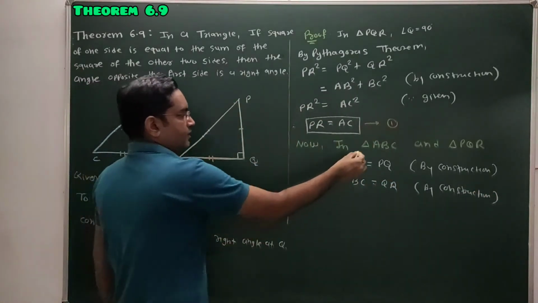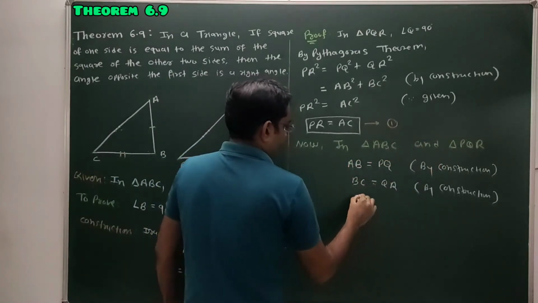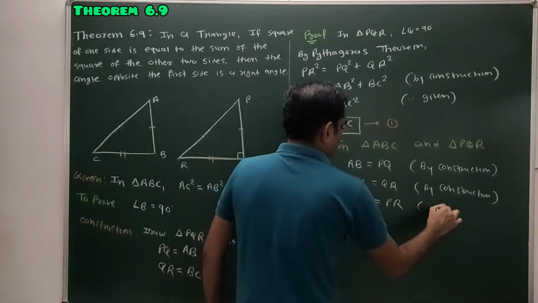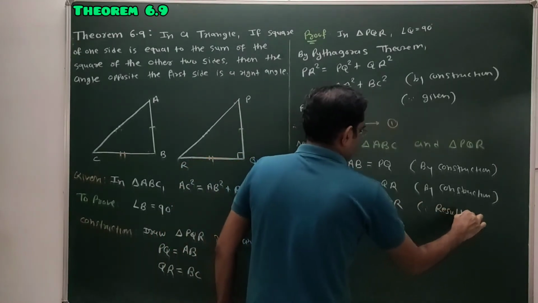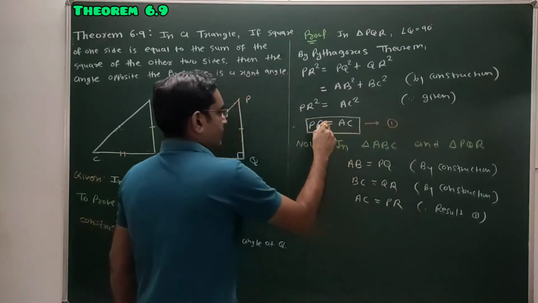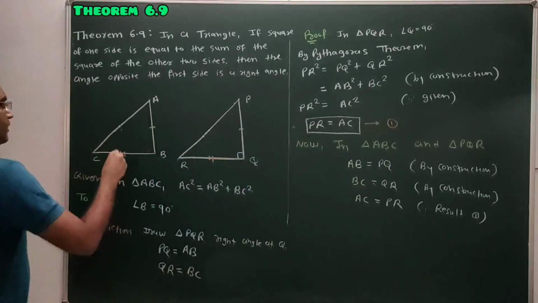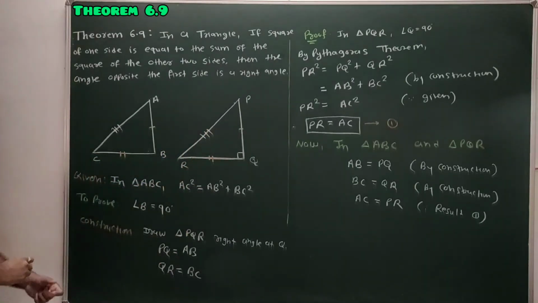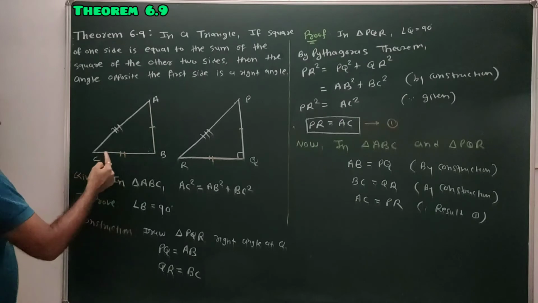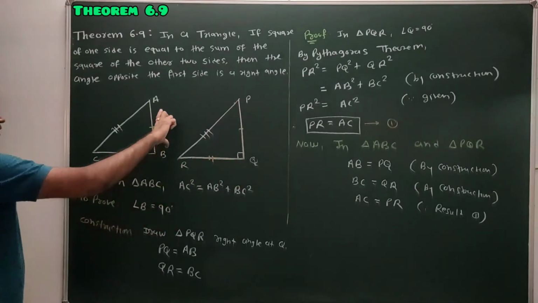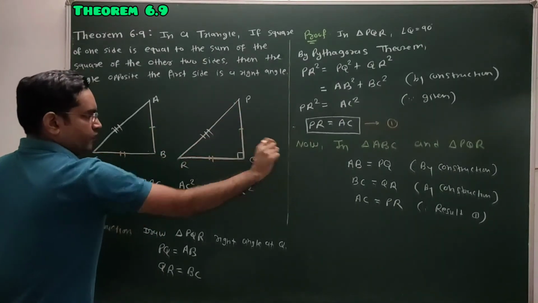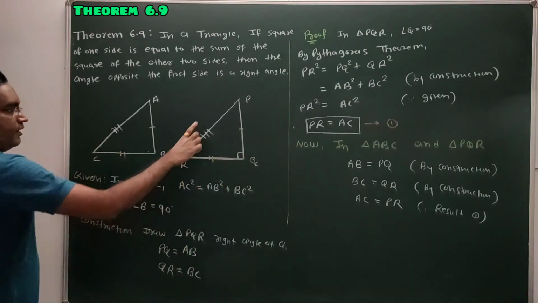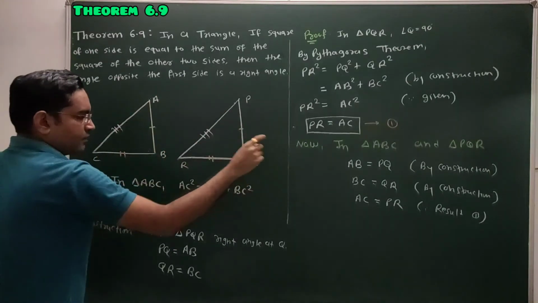Also we can say that AC equals PR, from result number 1. So in short, in triangle ABC and triangle PQR, AB is equal to PQ, first result, BC equals QR, second result, and AC equals PR, third result.